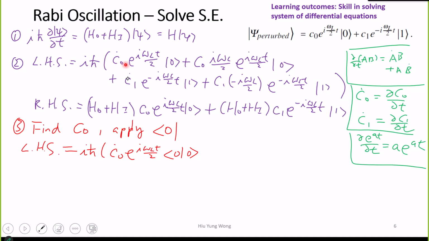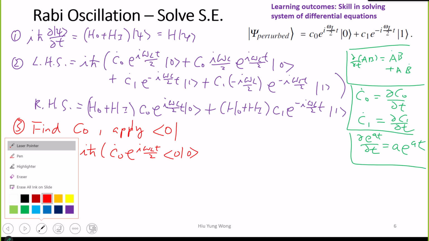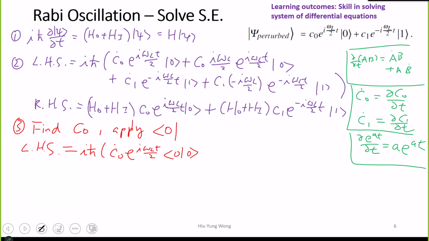So it's just like a row vector multiplying a scalar. I move to the right until I meet the column vector. And that is <0|0>. Okay? So I do the same thing for the second term, right? Because I multiply from left, I have this distribution law. This is just an addition, so I have the distribution law. So I continue to do this for the next term. I also get <0|0>.